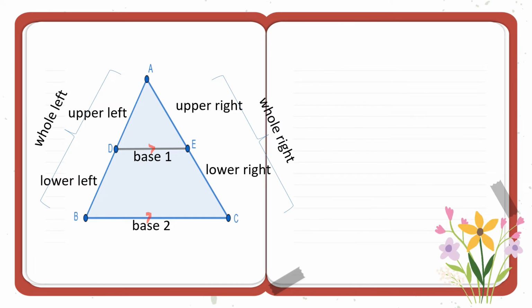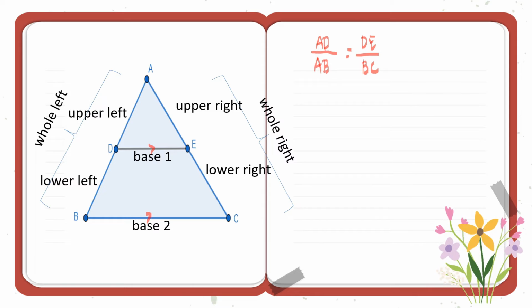We have the upper left, that is AD, over the whole left, that is AB, which is equal to base 1 over base 2, so DE over BC.